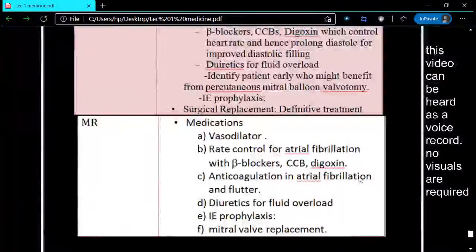Vasodilators, rate control, beta blocker, CCB, digoxin. Anticoagulants, diuretics, prophylaxis, like mitral valve replacement.